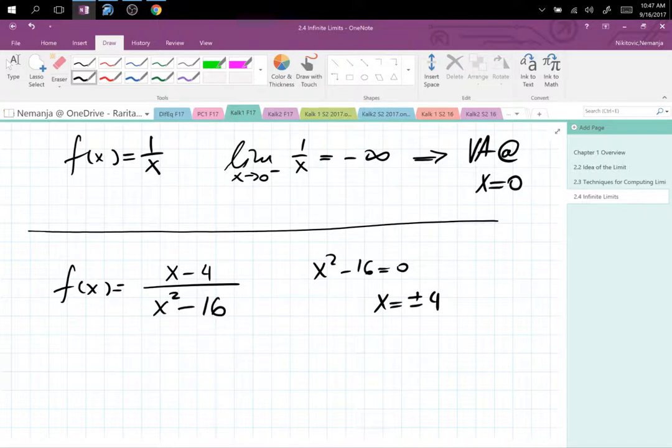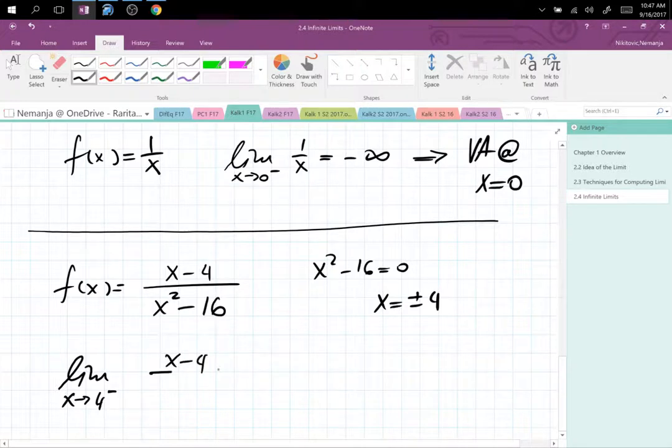Well, let's check positive 4. The way we check positive 4 is the limit as x approaches 4 from the left, minus. And we have x minus 4 over x squared minus 16. We learned in the last section that these problems are solved by factoring.